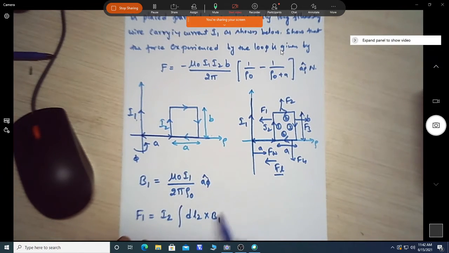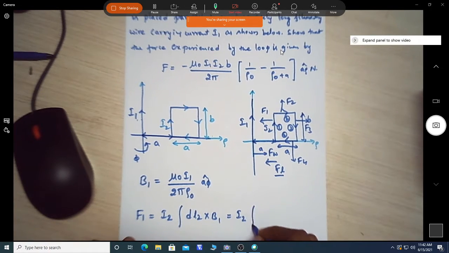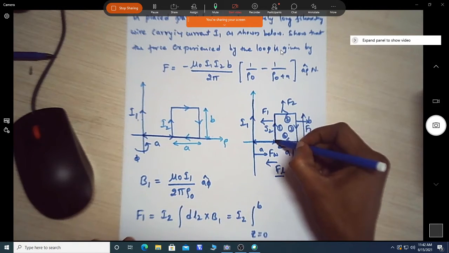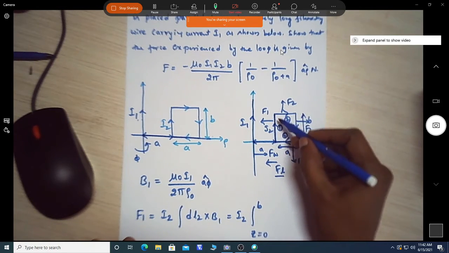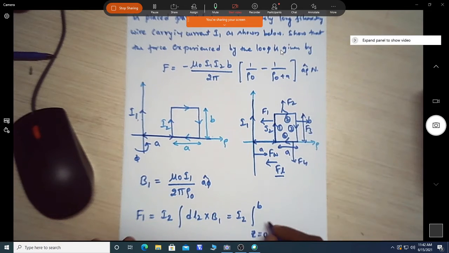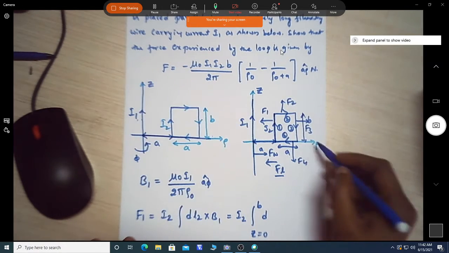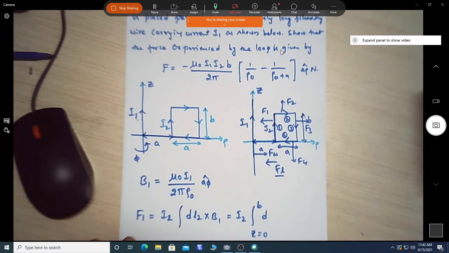So on this side we can write F1 equal to I2 integral of dl2 cross B1. Now we can write I2 integral with z from 0 to B, because in this element the variation is from 0 to B. In what direction? We can take it as the z direction, because we are dealing with rho, phi, z.